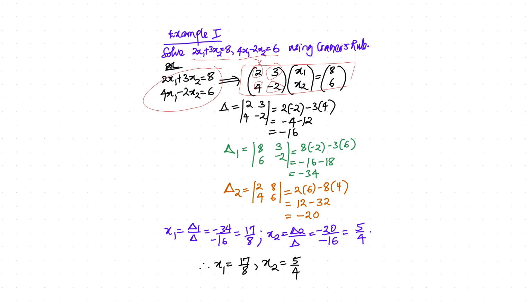If you multiply this 2x2 coefficient matrix by the column vector of the variables you are looking for, you end up getting the system back. And the right-hand side vector is 8 and 6.